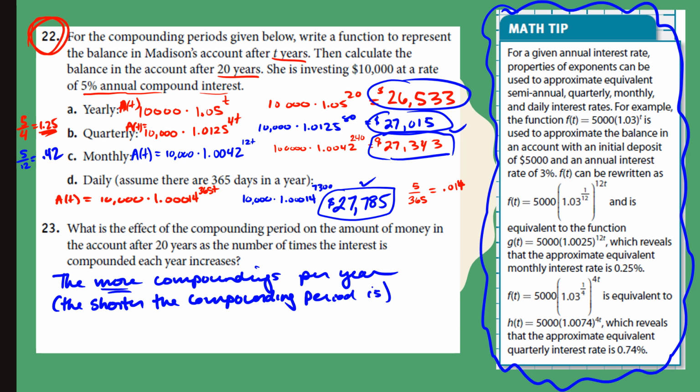So the more compounding periods, the shorter the compounding period, the more the account will grow. So you better process that, because I said that pretty badly. See if it makes sense.